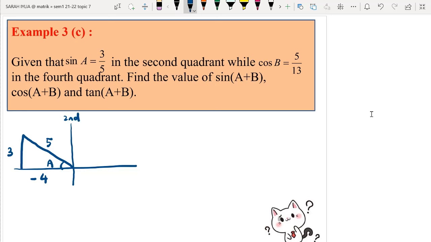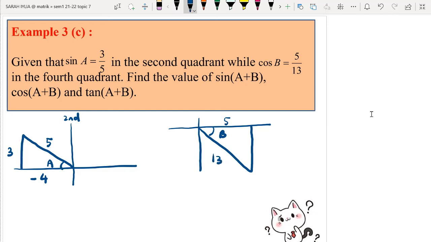Okay. And then next one for B, dia kata B lies on the fourth quadrant. Okay. Alamak. Sekejap kita adjust balik. So fourth quadrant dia duduk kat bawah. So triangle kita macam gini. So cos untuk B. Ingat, cos would be adjacent over hypotenuse. So adjacent kita 5, hypotenuse would be 13.